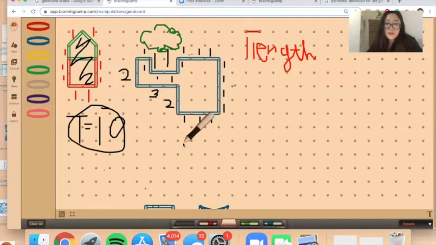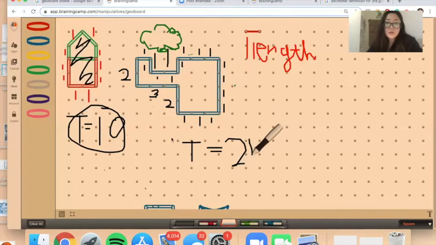So let's figure out the total perimeter of my new pool. It is 1, 2, 3, 4, 5, 6, 7, 8, 9, 10, 12. 12 plus 3 is 15. 15 plus 2 is 17. 18, 19, 20, 21.